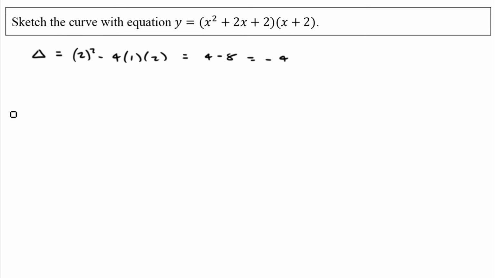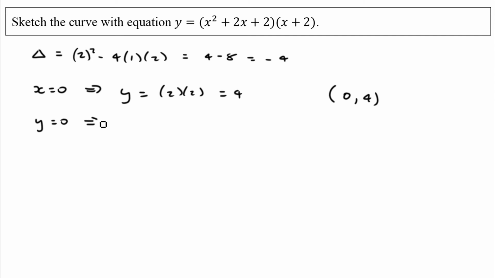What do we know? We know, as usual, that if x is 0, we can find a y value, which in this case will be 2 times 2, which is 4. So the curve does cut through (0, 4). If y is 0, we know that can only be because x is negative 2 from the linear factor.